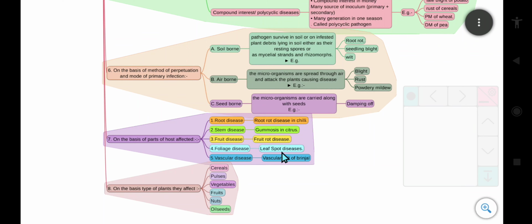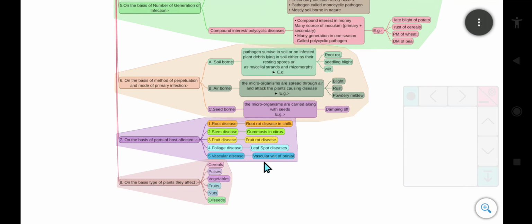Its example is leaf spot diseases. Fifth is vascular diseases. Its example is vascular wilt of brinjal. The eighth is the classification of plant diseases on the basis of types of plants and their effect. It takes place in cereals, pulses, vegetables, fruits, nuts, and oil seeds. So this is the classification of plant diseases.